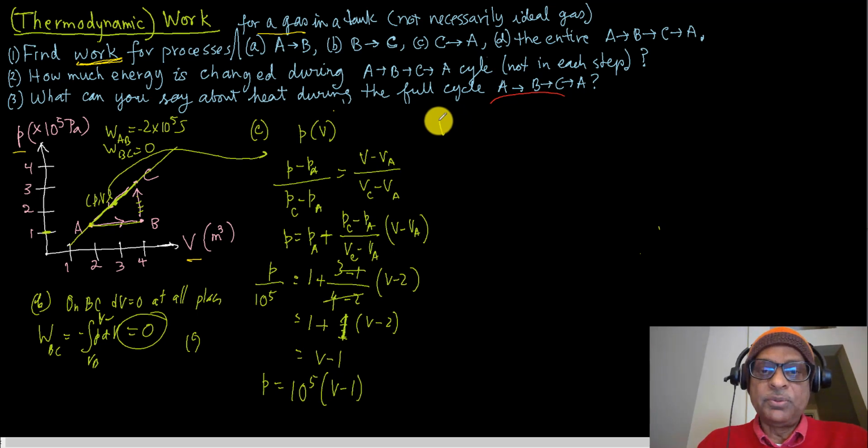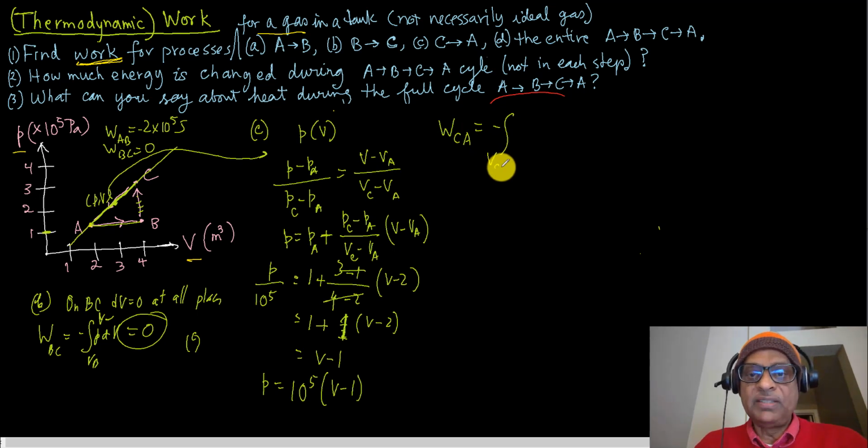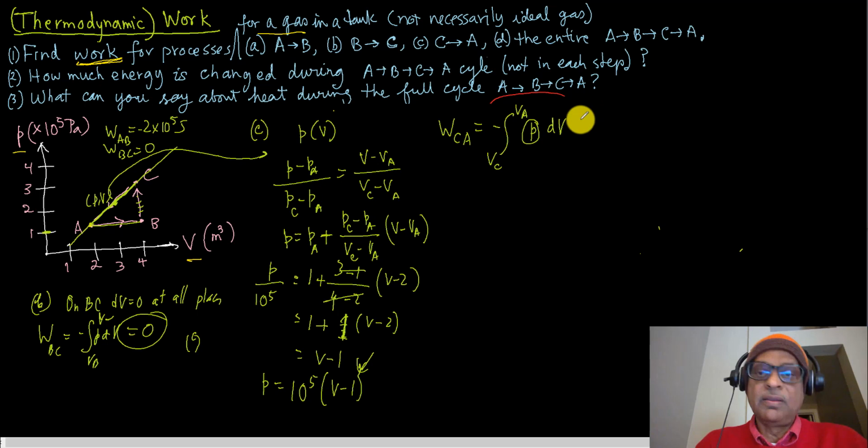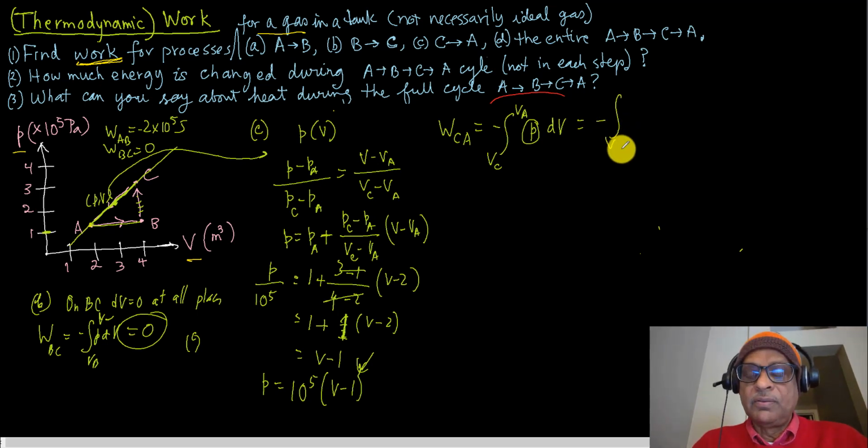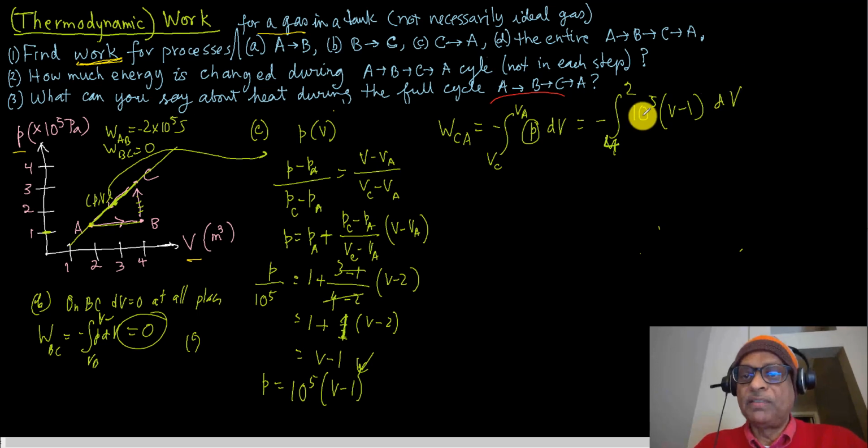Okay, so now we want to do WCA: go from VC to VA and integrate P dV. So minus the integral from 4 to 2 of 10 to the power 5 times V minus 1 dV. So just take out minus 10 to the power 5, and the integral of V is V square over 2 minus V, from 4 to 2.